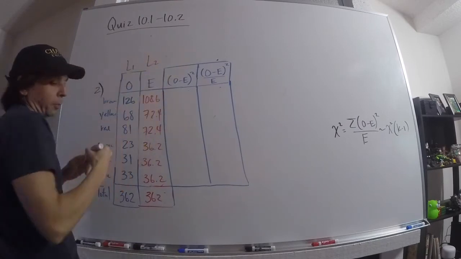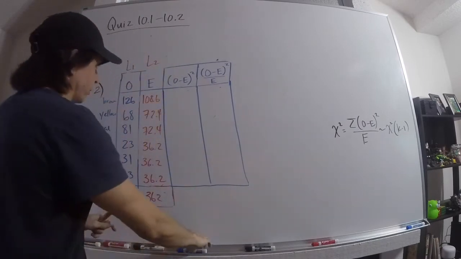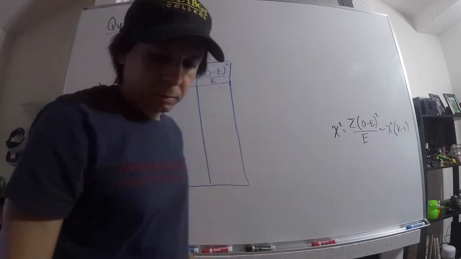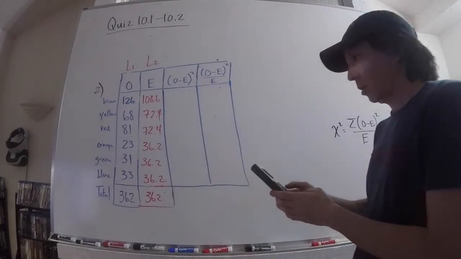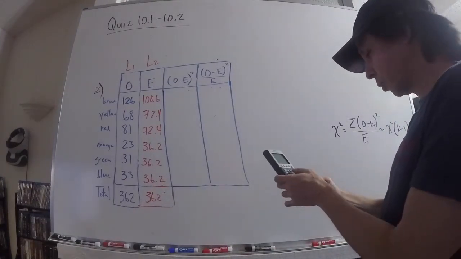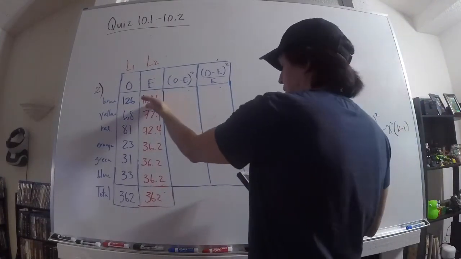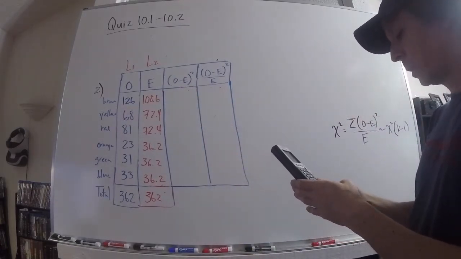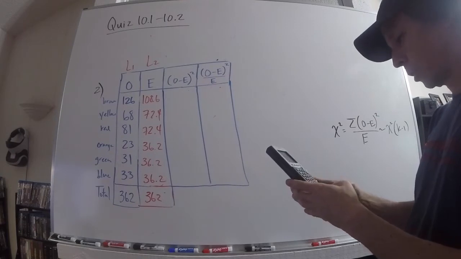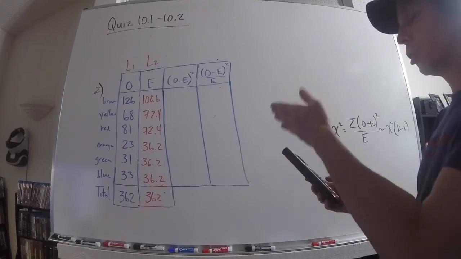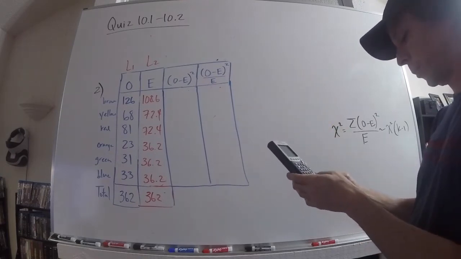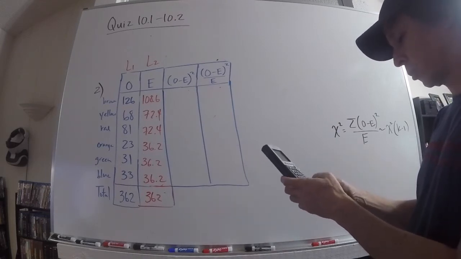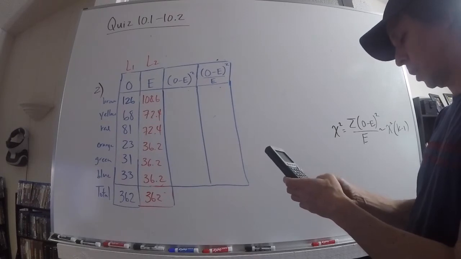My E's, I'm going to go ahead and put in L2 right now. And you leave them as decimals, even though there's no such thing as 108.6 M&Ms. I mean, you could if you chop them, but regardless, whether it's people or anything, even if things are discrete and can only be whole numbers, you still use decimals for a more accurate chi-squared at the end. So you definitely incorporate decimals regardless of whether it makes sense or not.